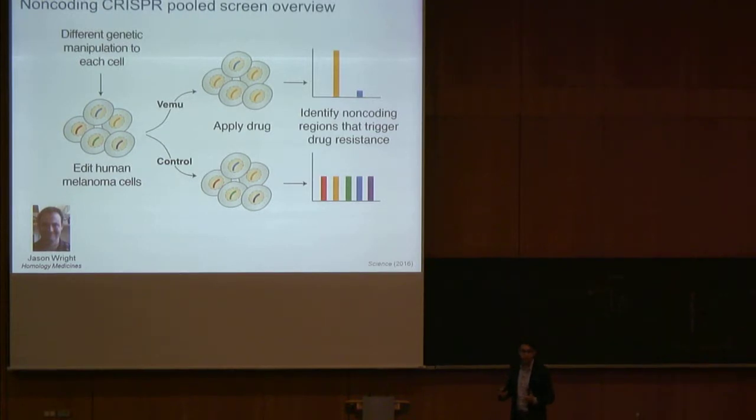So that's really a change in the CRISPR era, that now humans are a genetic model, or really anything is a genetic model organism. Each of these cells receives a different one of these non-coding manipulations, a different one of those little blue lines from the previous slide. Then we treat these cells either with the vemurafenib drug or with a control treatment, and we want to see which of these genetic manipulations is enriched after being treated with vemurafenib.